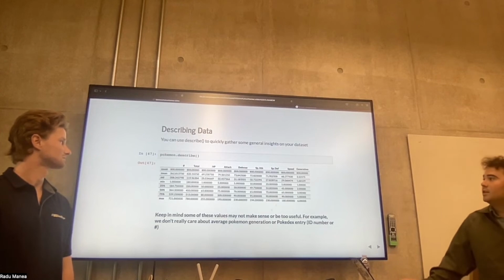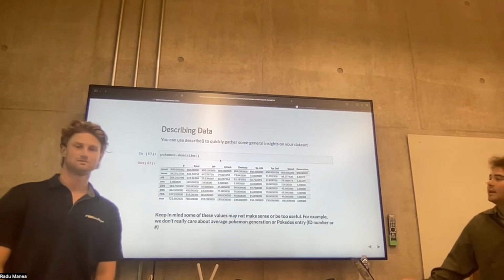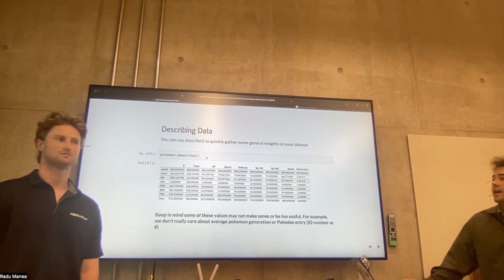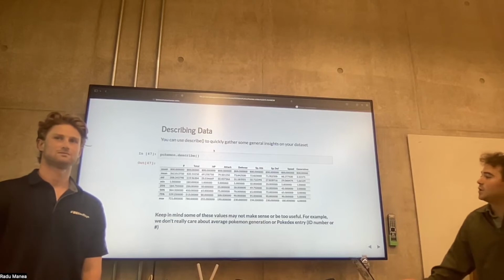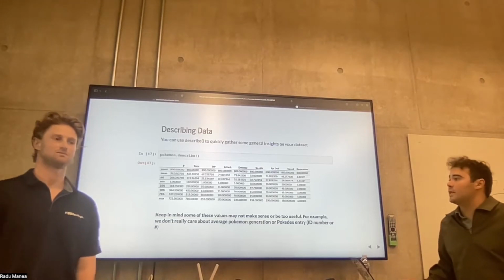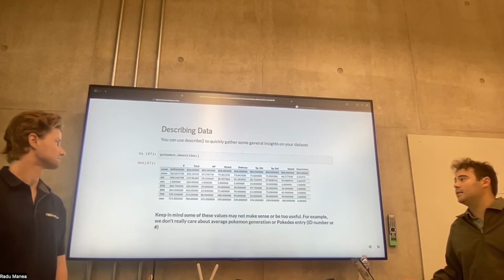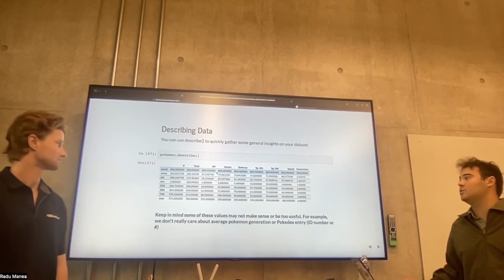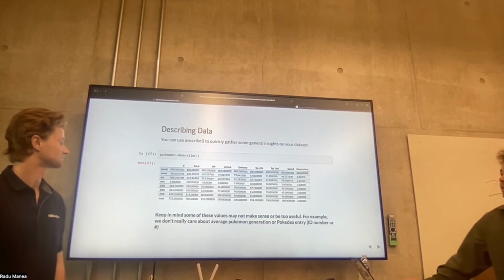And then also a really neat function that Pandas has is the dot describe function. What this does is give you some standard statistics about your data. For example, in each column, it'll give you the count, so how many rows are in each column. These typically should be the exact same. And then the average.